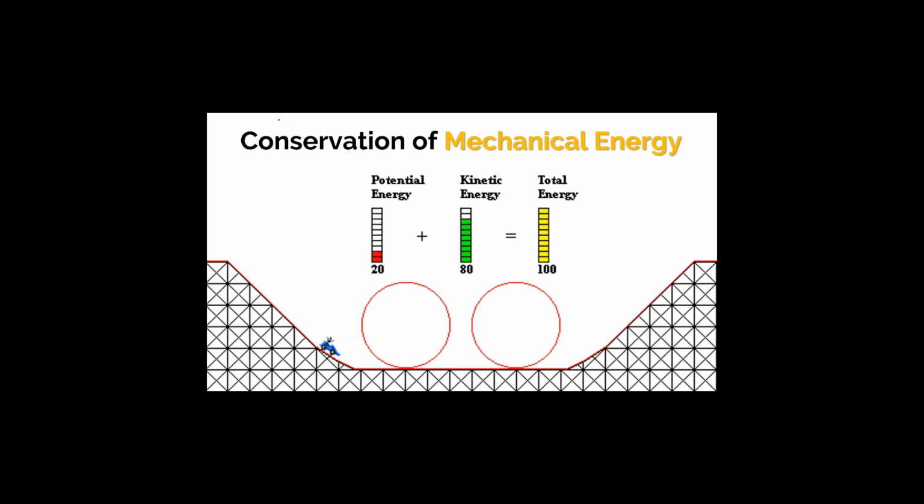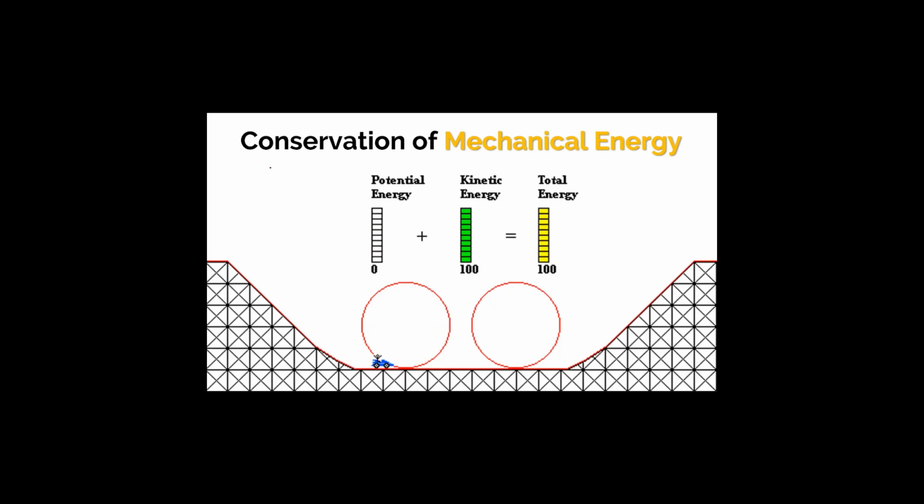So if the object will start to move, then dahan-dahang tataas ang kanyang kinetic energy. And since kinetic energy is a converted energy from potential energy, if the kinetic energy will suddenly increase, the increase in kinetic energy is also equal to the decrease in potential energy.